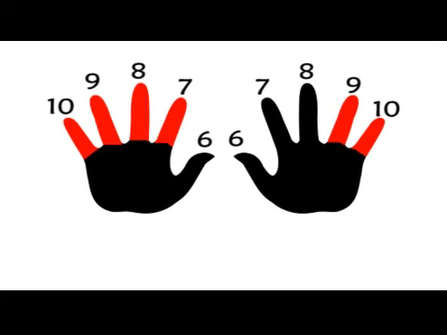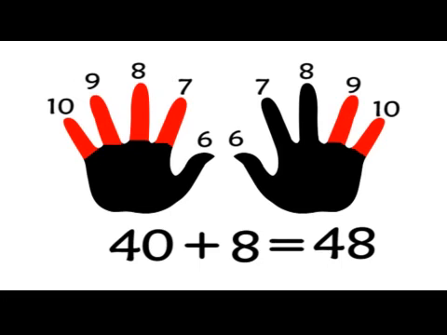The number of fingers closed in the hands are 4 in the left and 2 in the right. Multiply 4 into 2, that is equal to 8, and each stretched finger has a constant value of 10. So there are 4 tens, that is 40, and 40 plus 8 is 48. 6 into 8 is 48.